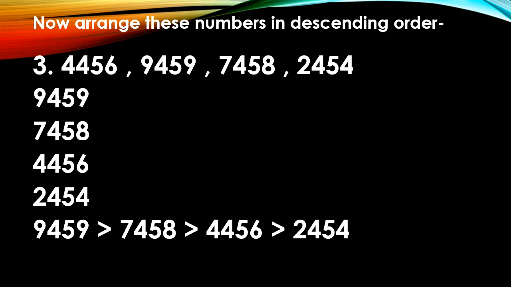Now we arrange numbers in descending order, that is, from the greatest number to the smallest number. The numbers that are given to us are 4,456, 9,459, 7,458 and 2,454.